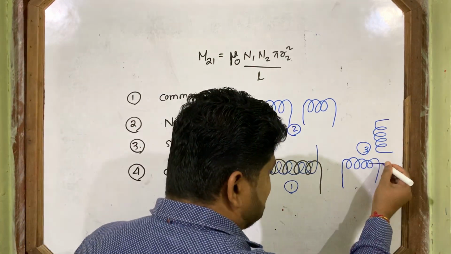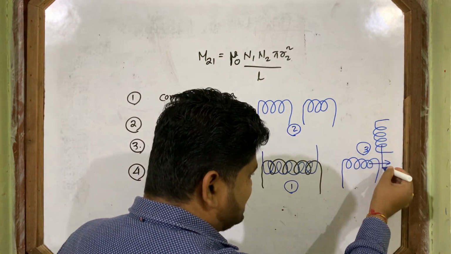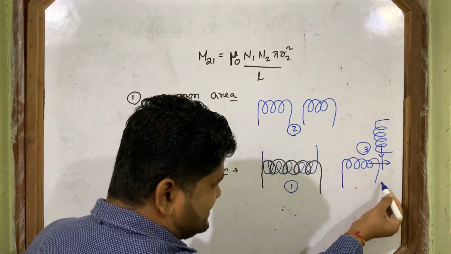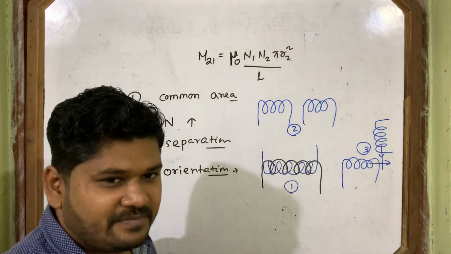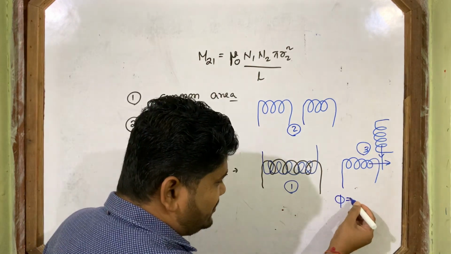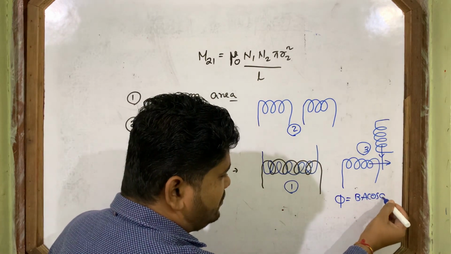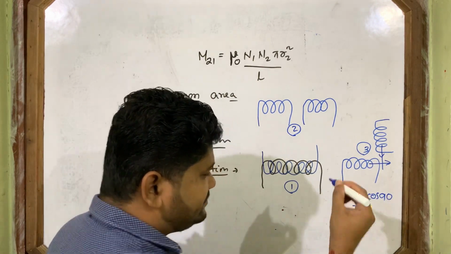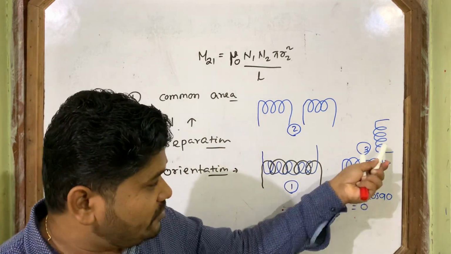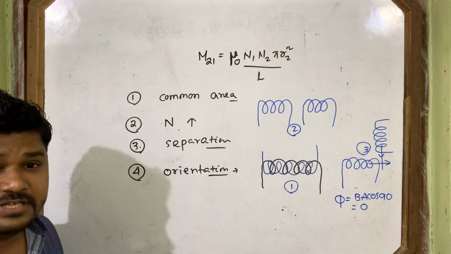Its magnetic field is in this direction, but its area vector is in this direction. What is the angle between them? 90 degrees. So what is the flux linked to the second coil due to the first coil? BA cos 90, so it is 0. You may change the current in the first coil, but no flux is linked with the second coil. So what is the effect of changing current?